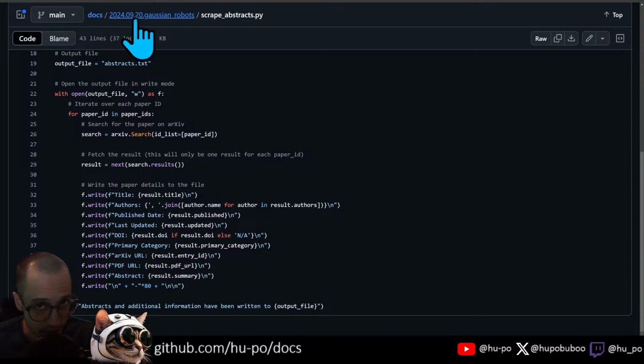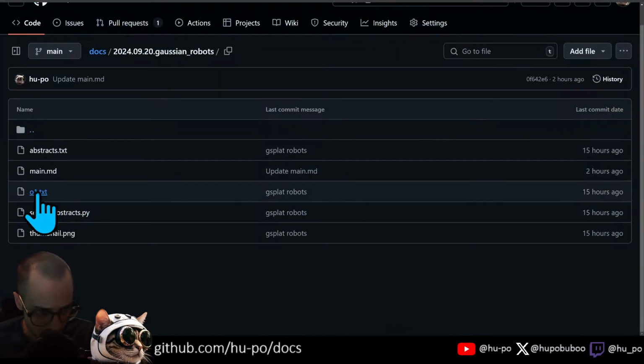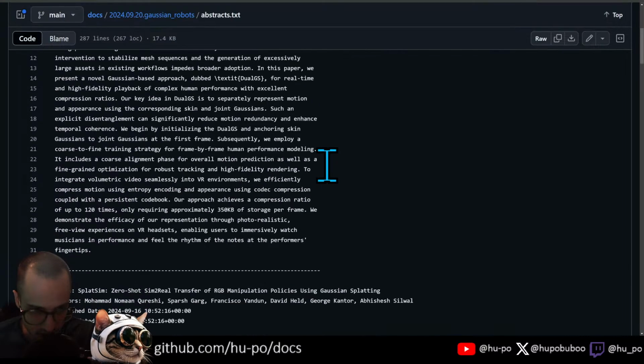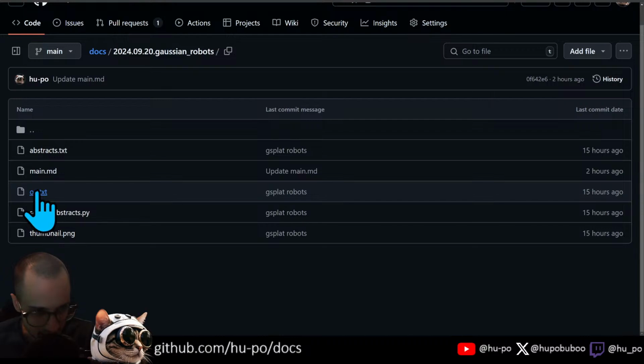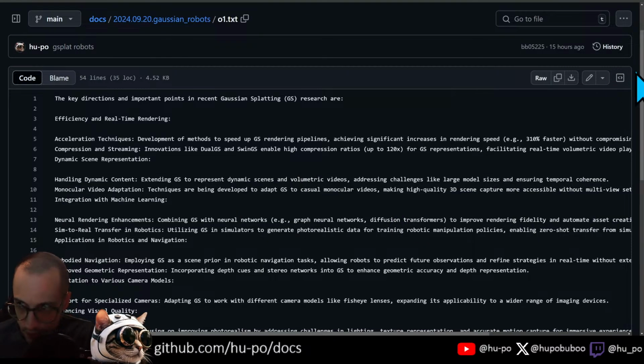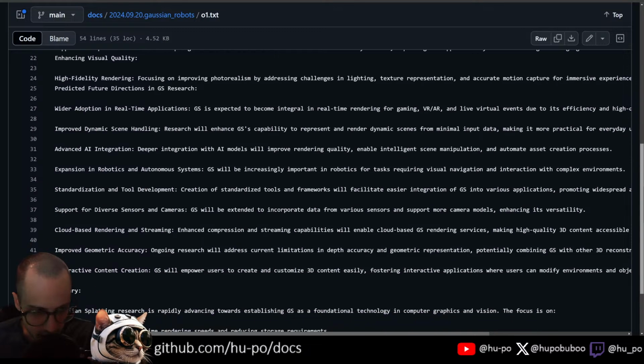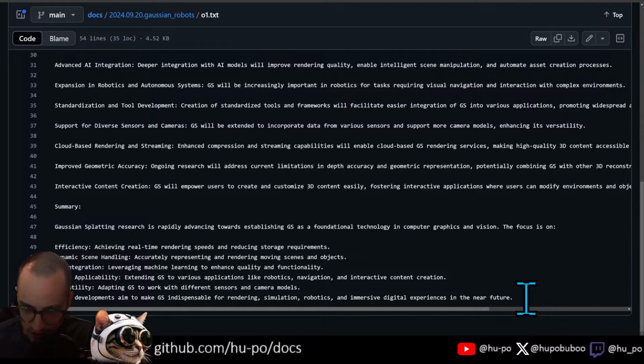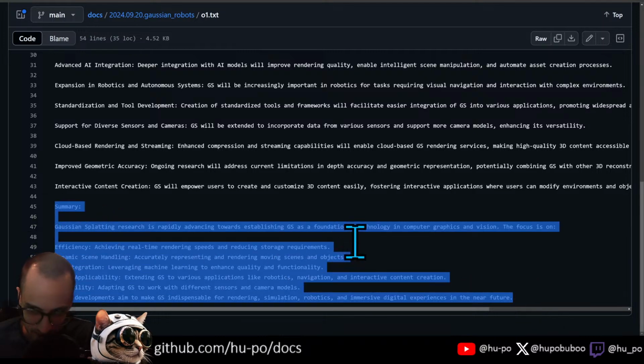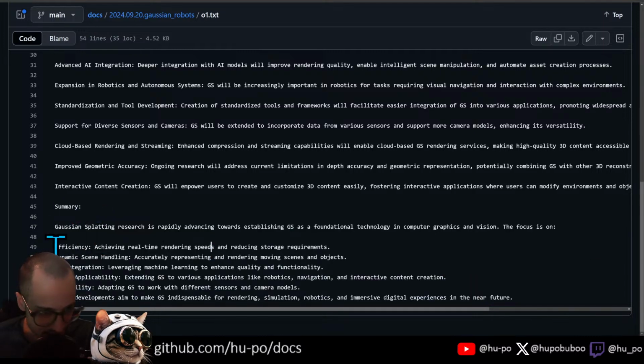So I scraped all the abstracts for these 10 different papers, and here's the scrape that I got, and then I fed that into OpenAI's O1 model, and then asked OpenAI O1 to tell me what the future of Gaussian splats are. So we'll be looking at that in a second here.